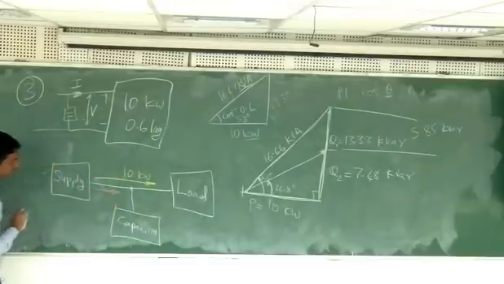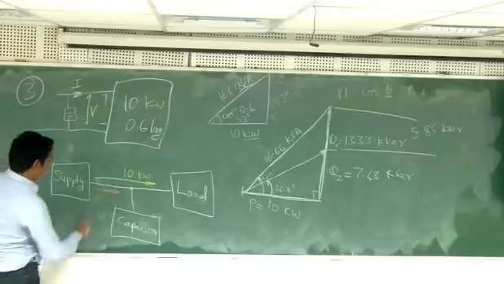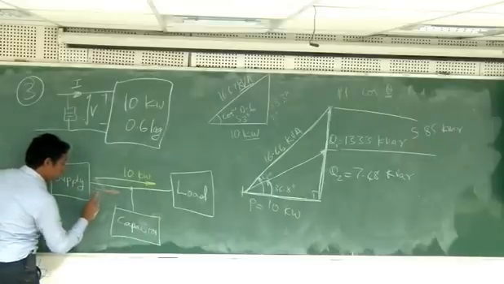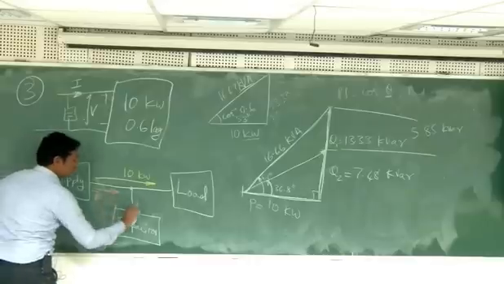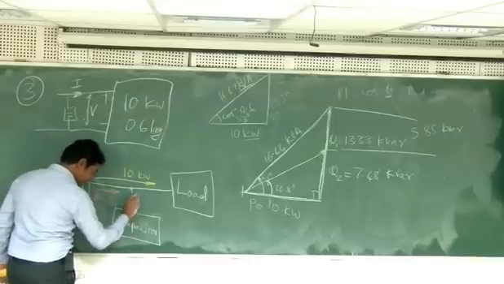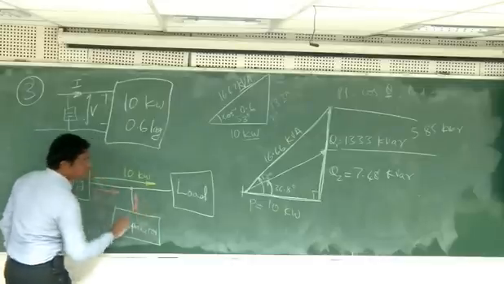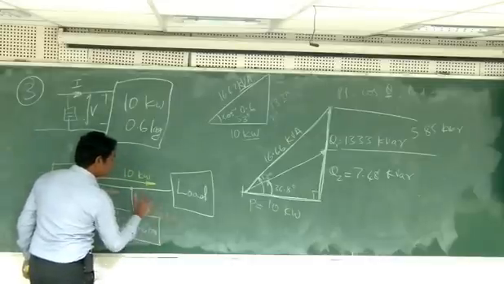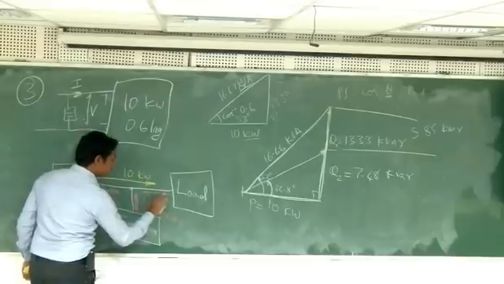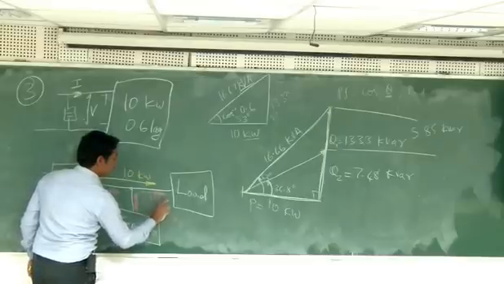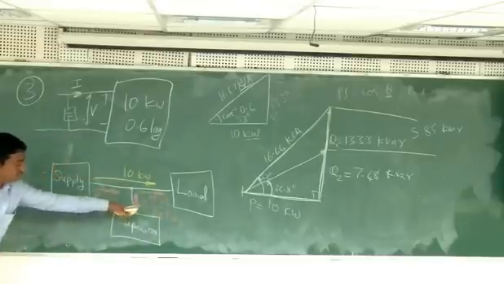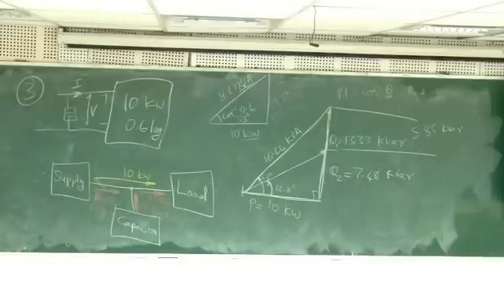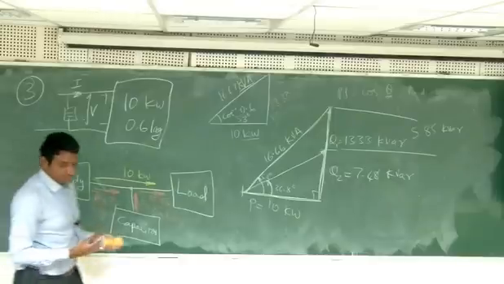How much is the reactive power? 7.48 kVAR. And how much is this reactive power? 5.85 kVAR, and total reactive power reaching here is 13.33. This plus this. So this is what is happening.